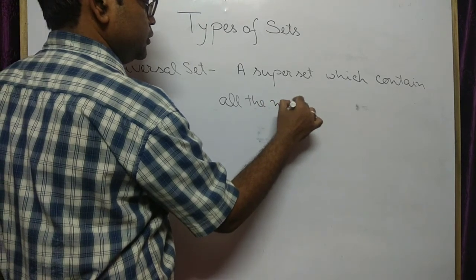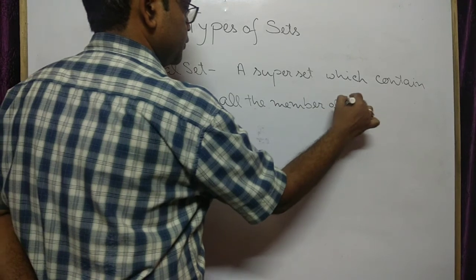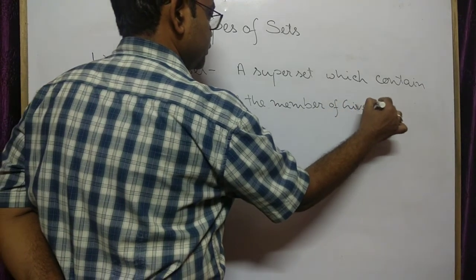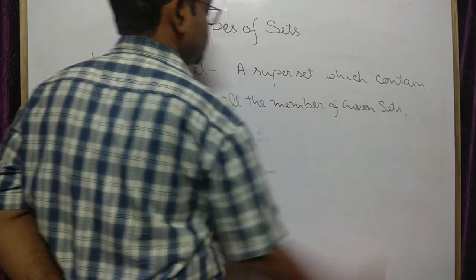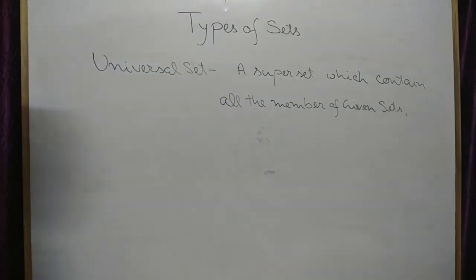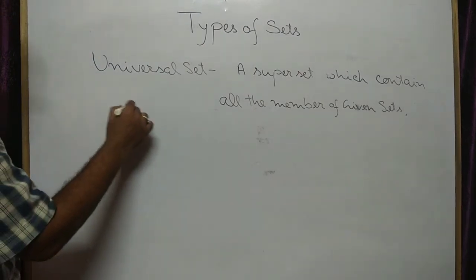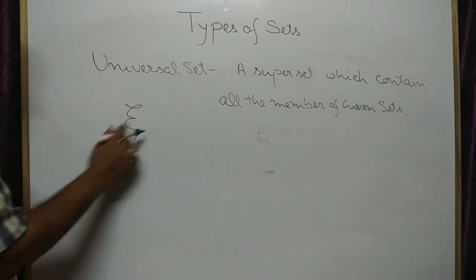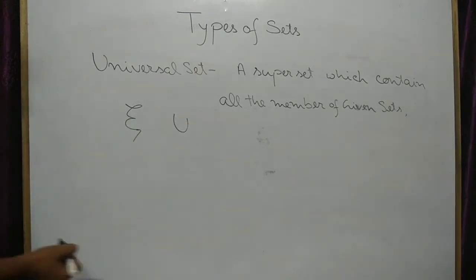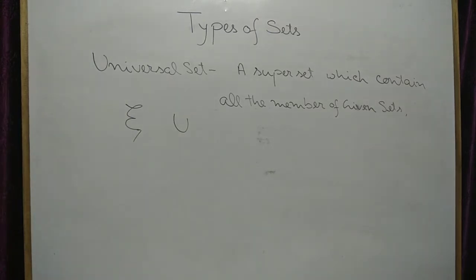That is known as the universal set, and this universal set is represented by this sigma or the sign U. Clear? These two are the signs of universal set.